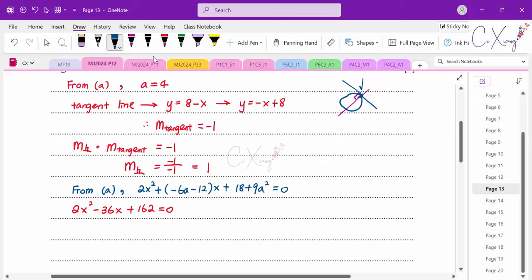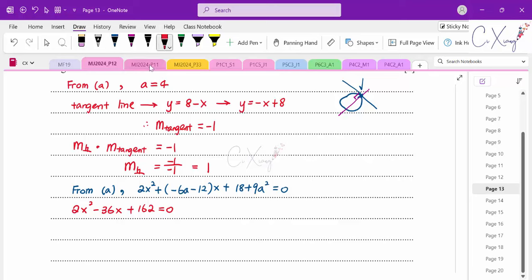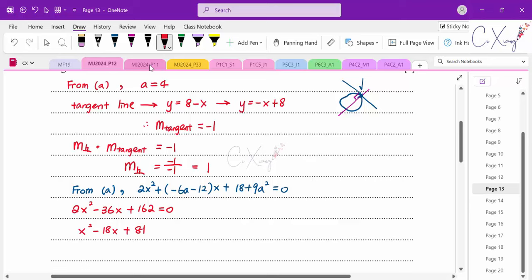Since a is equal to 4, if I substitute 4 into this equation, this is what I get. Why do I want this equation? Because I want the x coordinate where the tangent touches the circle. Simplify this equation, and you realize that x should equal 9 after you factorize it.